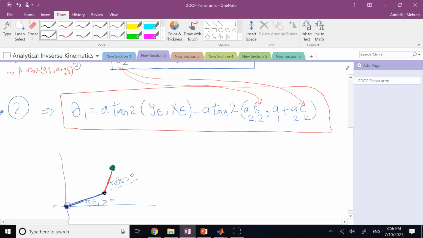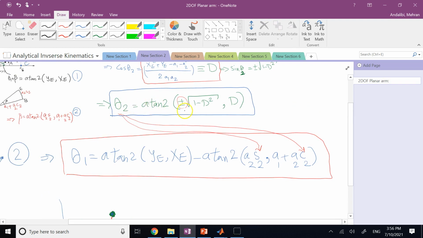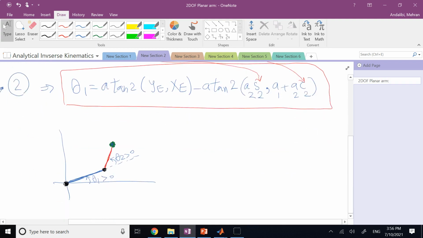Now the question is, is that the only way? And the answer is no. There is a second solution. As you can see, there are 2 theta 2s, and if I plug in each one of them in theta 1, it gives me a separate theta 1. So in general, there are 2 pairs of solutions. One of them is like this, the other one looks like this one.